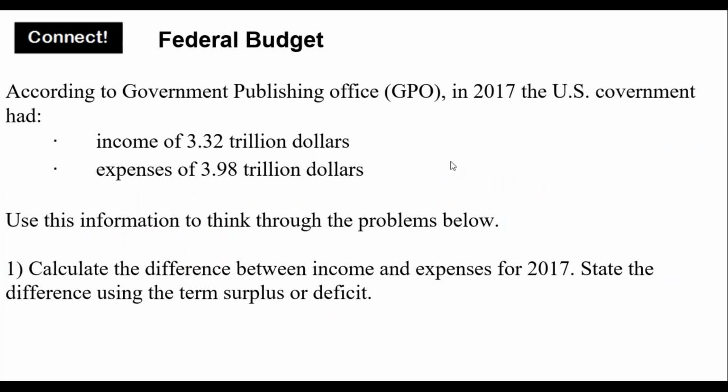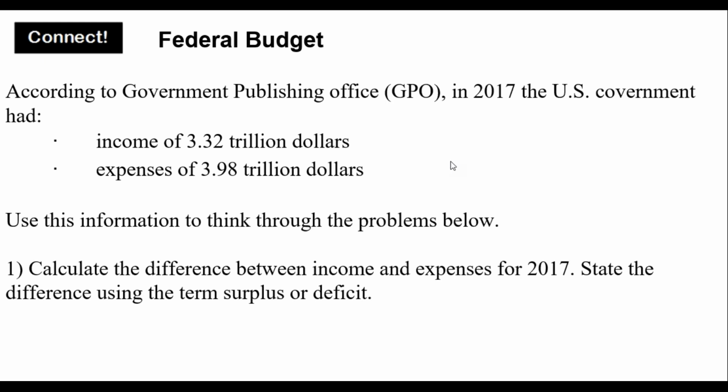All right, so we're going to start working with some values here. And this is kind of interesting and depressing all at the same time. According to the Government Publishing Office, and you can see anytime we are using numbers that we refer to something, we always want to reference where we got this information from.